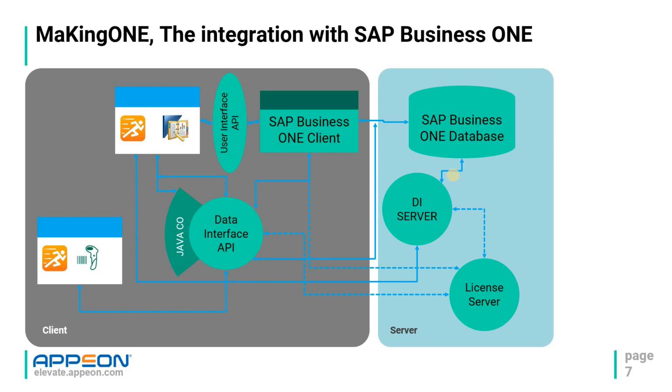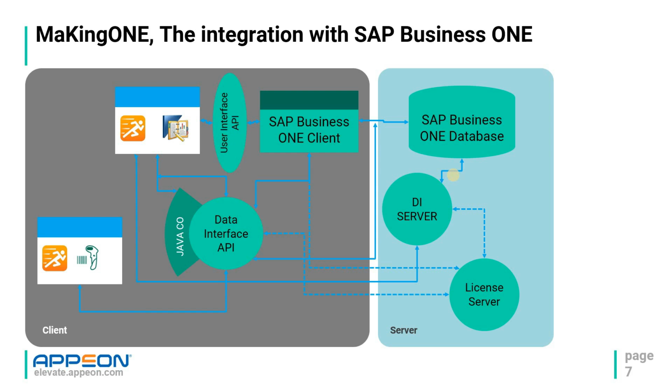with two different COM objects, the user interface API and the data interface API. The user interface API works with the graphical user interface of SAP Business One and allows us to modify SAP Business One forms, adding buttons, adding menus, making a field visible, enabled, and so on.